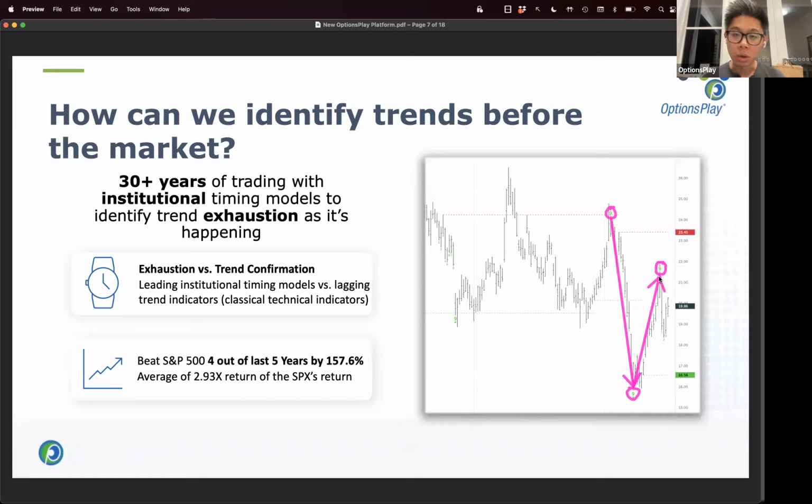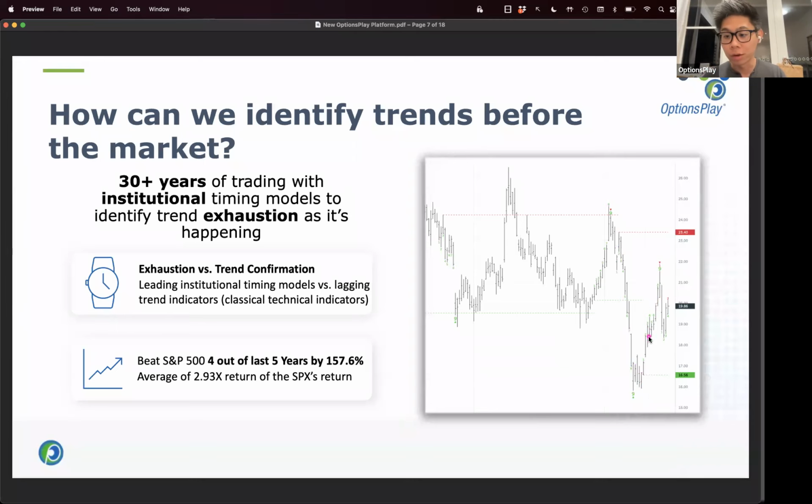And again, it is all designed to help identify turns in trend much earlier, before the rest of the market, before the trend followers catch on. And at the same time, it significantly improves the risk to reward. Because if we're able to enter much earlier into the trend, what we're risking is a much smaller percentage versus the potential reward.